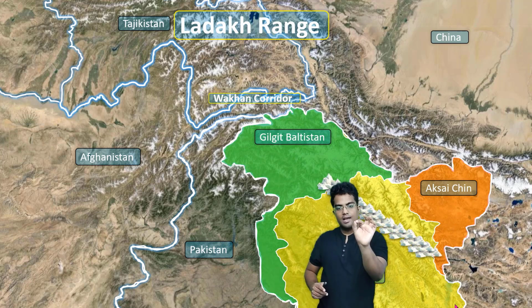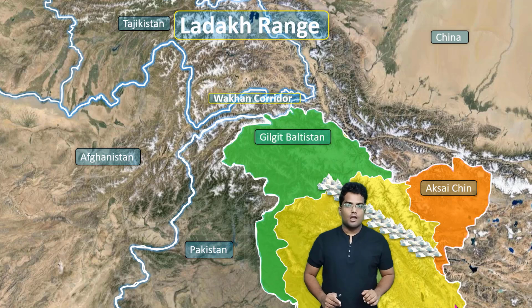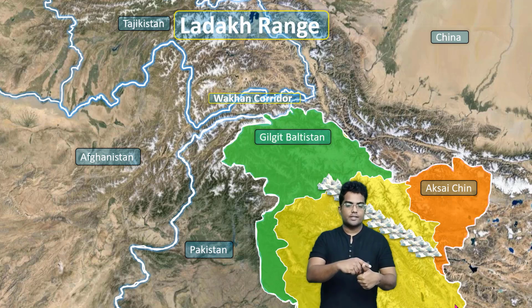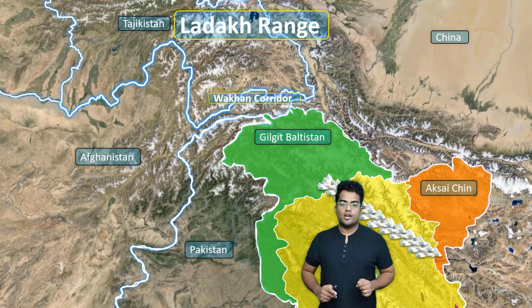As you can see, the Ladakh range starts basically from Gilgit-Baltistan and pretty much ends in Aksai Chin, that is China. So essentially, the Ladakh range covers 3 countries as of now: Gilgit-Baltistan in Pakistan, parts of India, and Aksai Chin in China.